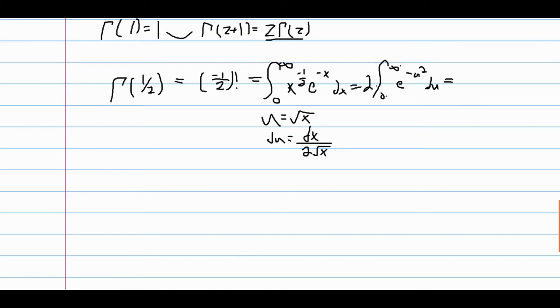So multiplying this by 2 is the same as saying this is from negative infinity to infinity. That is a property of integrating even functions. So we get the integral of e to the negative u squared du, and I proved in my other video that this is equal to the square root of pi. Wow! So negative 1/2 factorial is equal to square root of pi.